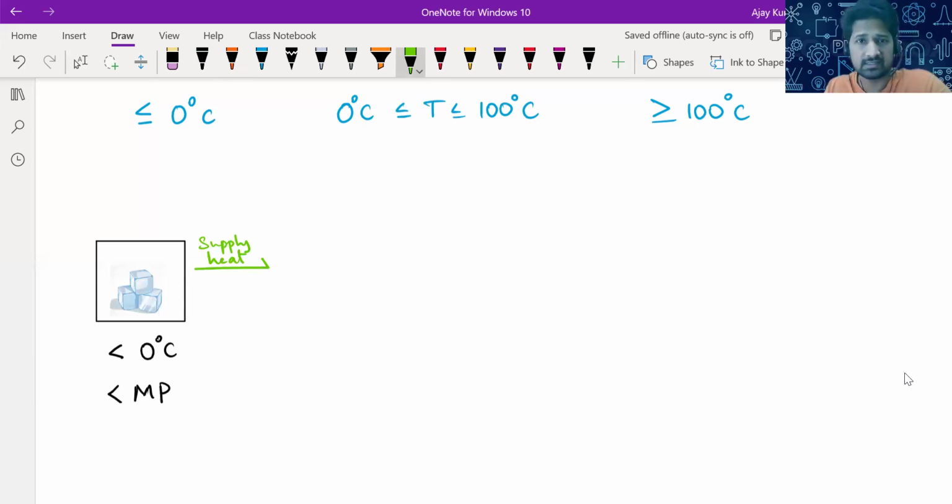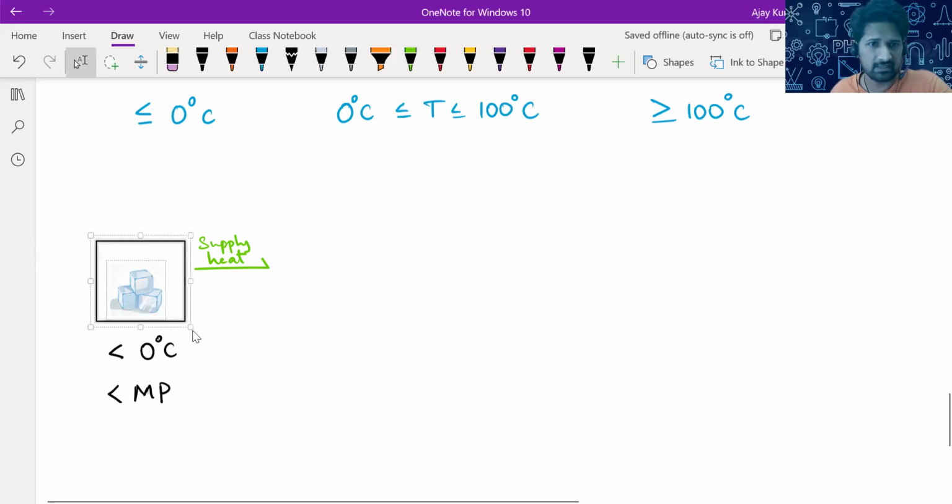The material is at a temperature less than the melting point temperature, and you supply heat. Generally, if you supply heat, temperature rises. So since the temperature is less than the melting point temperature, it will gradually increase and reach up to the melting point temperature. So it can stay in the same solid state till its temperature becomes equal to the melting point temperature.